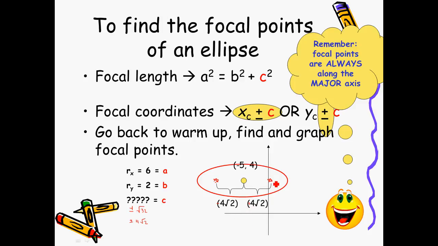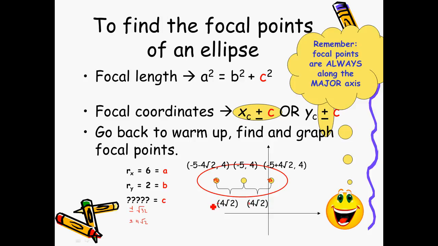That's not where I landed, right? I landed at negative 5, the x-coordinate of the center, plus 4 root 2, comma 4, and negative 5 minus 4 root 2, comma 4.